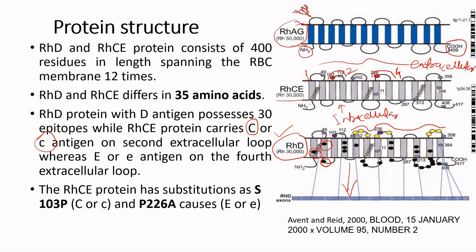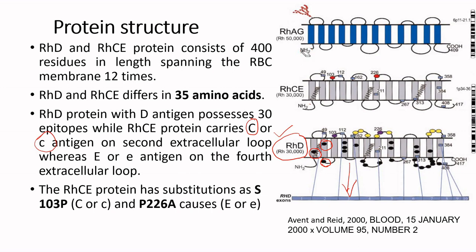In this case, the RHCE protein has substitutions. In this diagram, if you observe, the difference in these structures is due to the substitutions. There are two substitutions. One is at amino acid 103, from serine to proline.